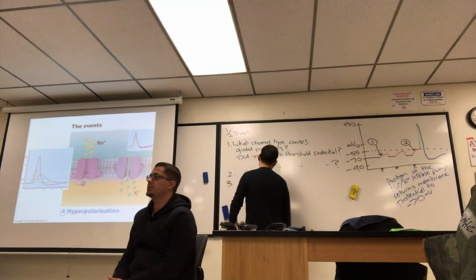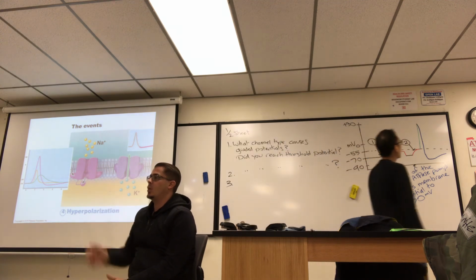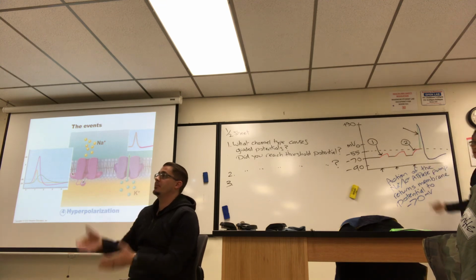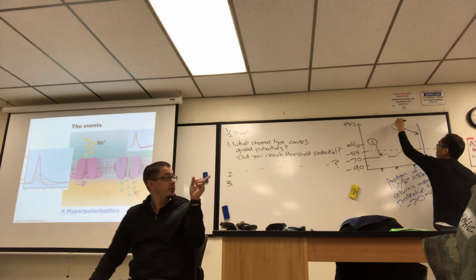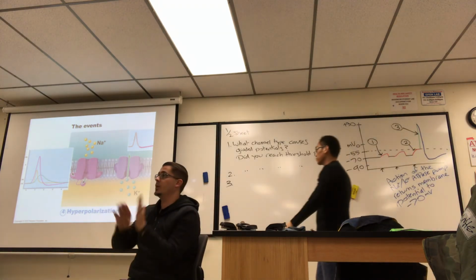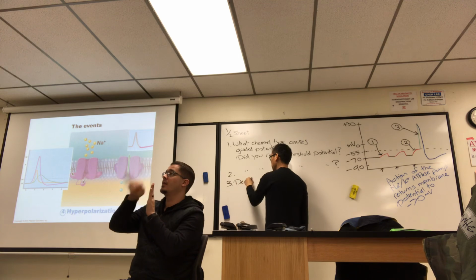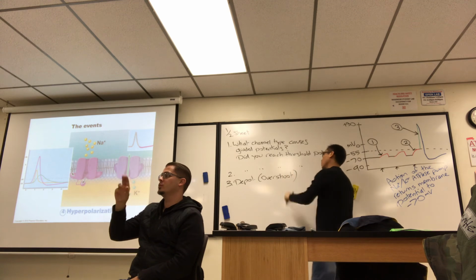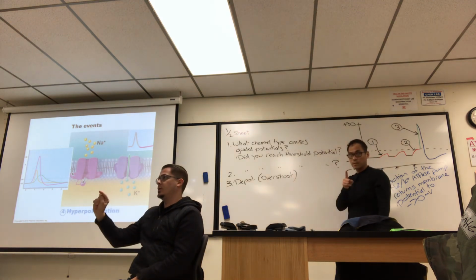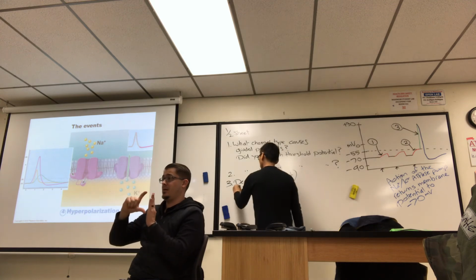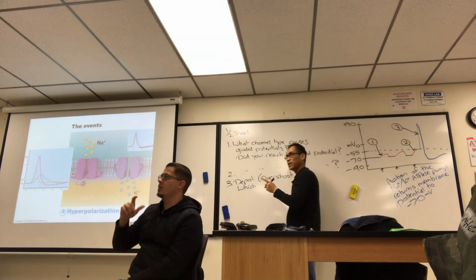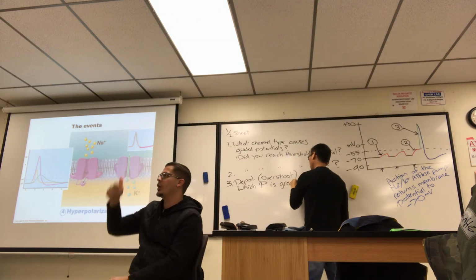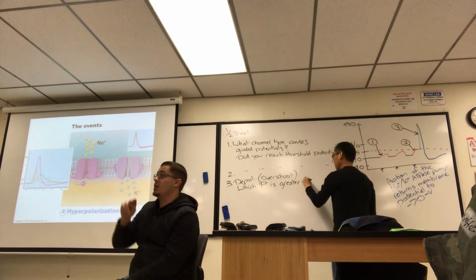Number 3. I'm going to point to this. And the up thing, the green one, we call this the depolarization, dipole, or the overshoot. I'm going to ask you this question. Which permeability is greater? Which P is greater? Sodium or potassium?